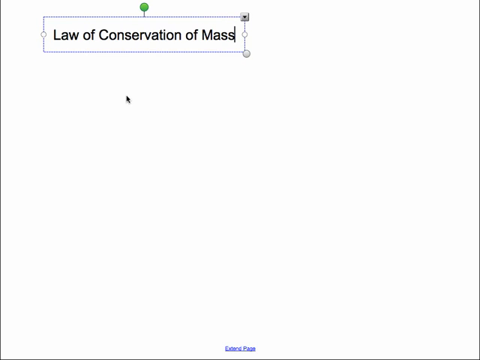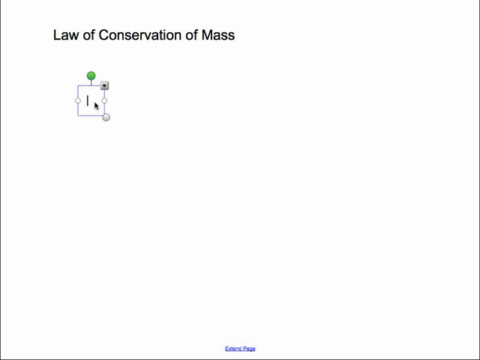And with standard 9, we were talking about the law of conservation of mass. So here we have our law of conservation of mass, and we basically stated that mass is neither created nor destroyed. And let me use an equation to kind of help illustrate this. So this is one you've probably seen in class, so I'm just going to type it out really fast because my typing is much better than my handwriting.